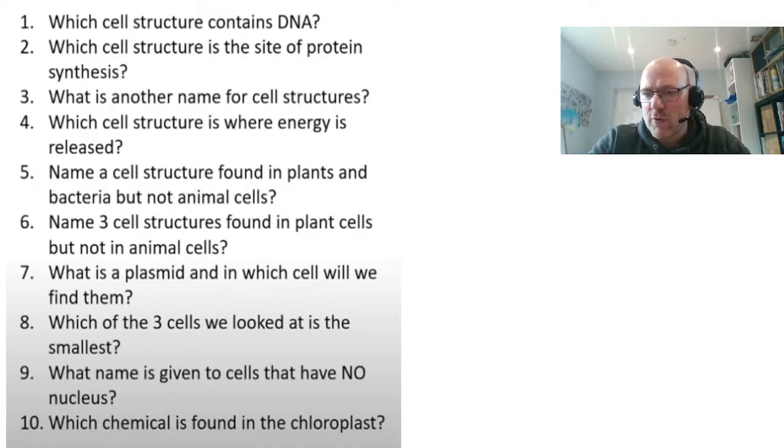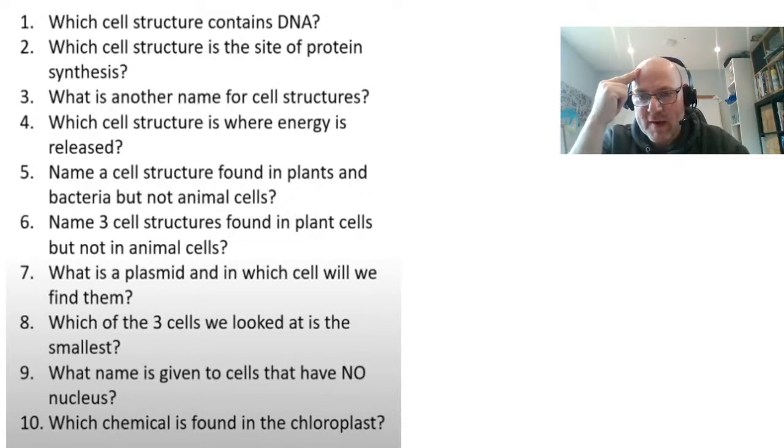What's the green chemical, number 10, found in the chloroplast? And what about the structure found in plants and bacteria, but not animals?